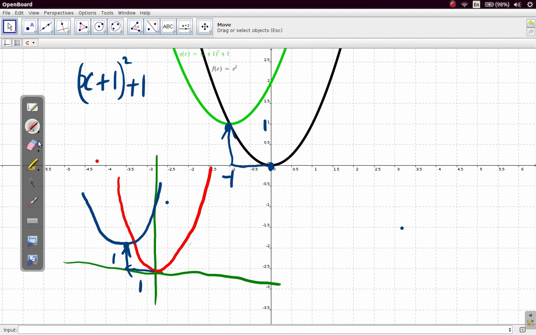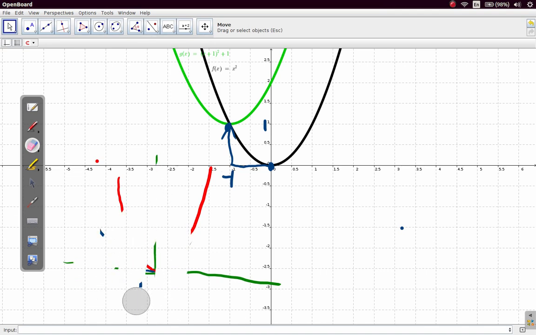Now let's make another adjustment. Let's erase these things first before we continue.